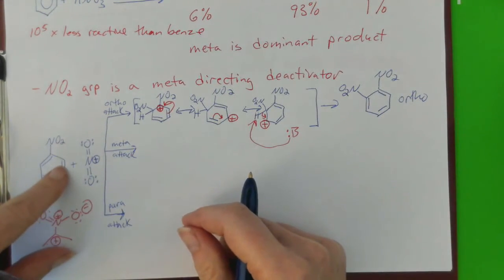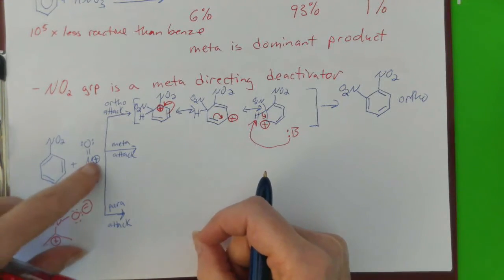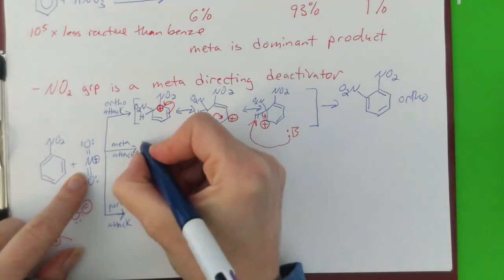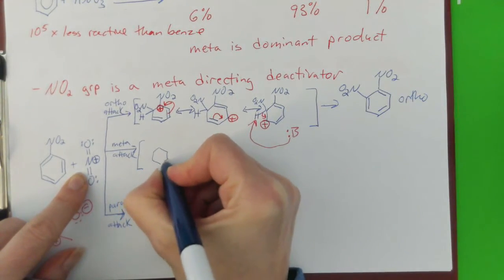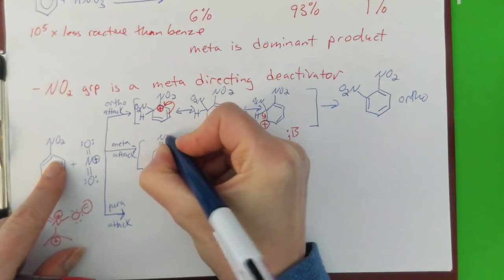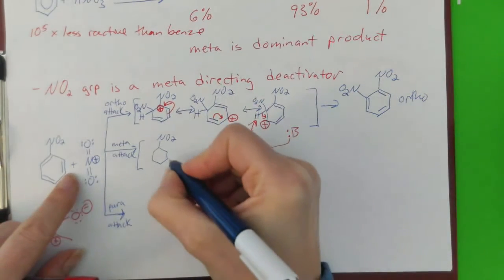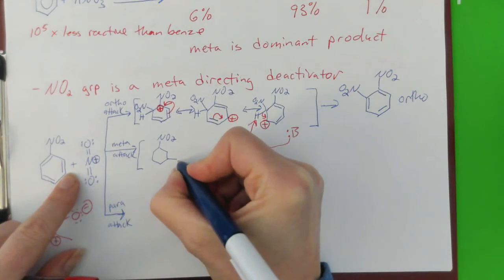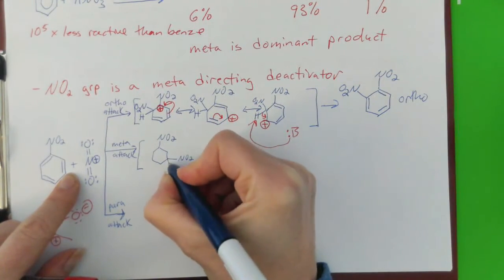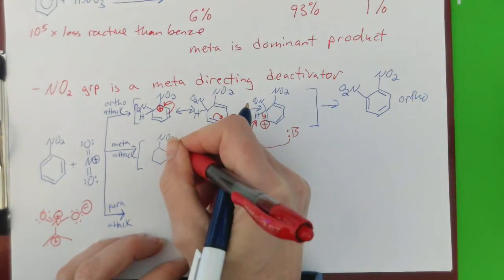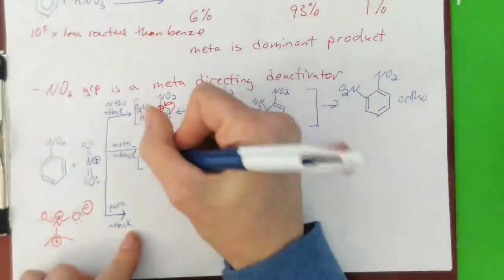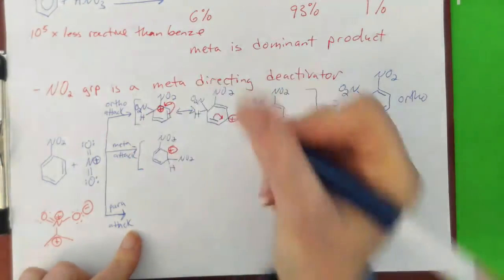So let's say I'm using this pi bond here to attack. What do we get? So I've got my NO2. I have here the NO2 and there's a hydrogen. And then I'm going to have my plus charge here. And then I have this and this.